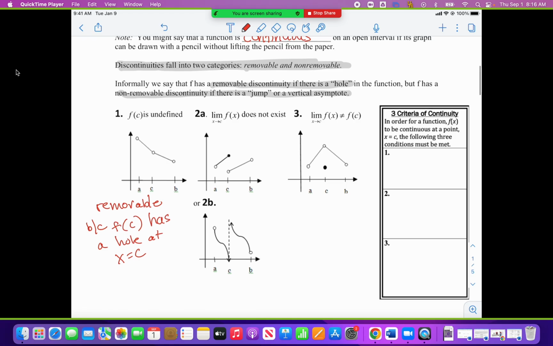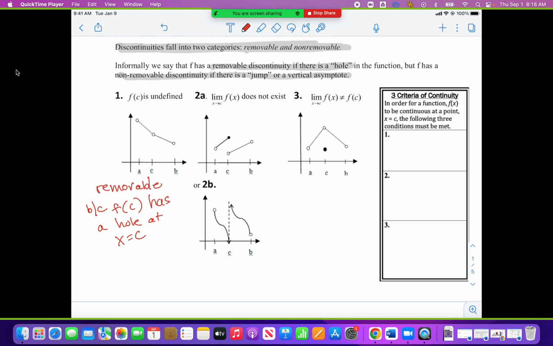Let me give you a quick head start. All right, so 2a, what type is that? Non-removable.